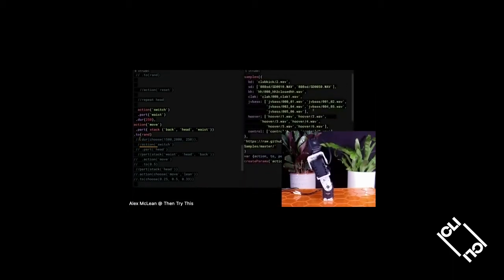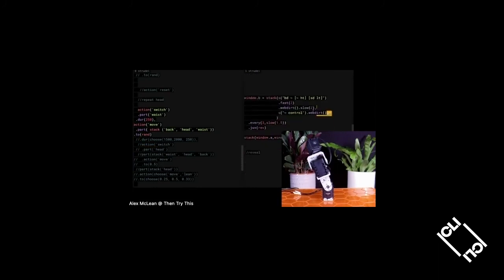Move your waist to 60%. Switch your waist over 0.25 seconds. Move your waist to 91%.